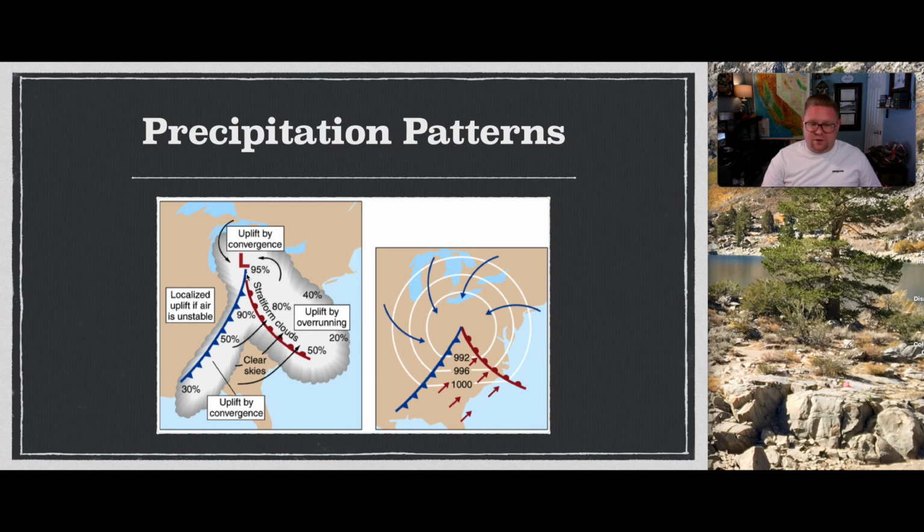We also have our low pressure system here, and these percentages are giving the percentage of rain. What are the chances of rain? 95%, 90%, and then as it gets farther away, it becomes less. So this is looking at it as a storm system, and the diagram on the right is showing it as a weather map, looking at the isobars of the pressure, the barometric pressure, so we can start to see both of those together in that pattern.